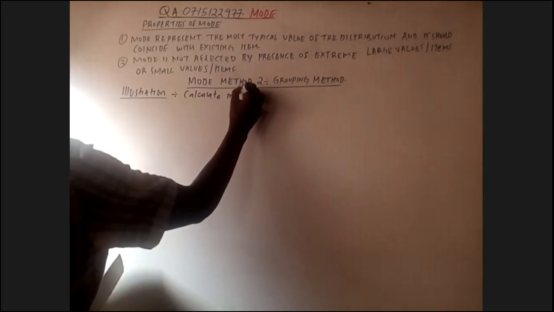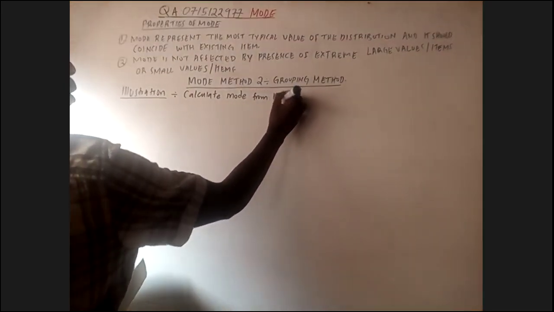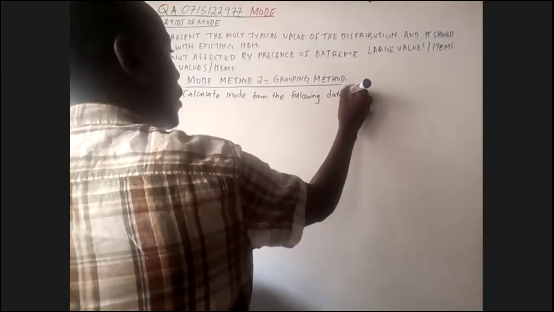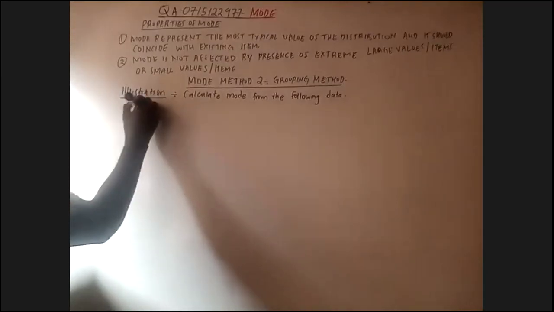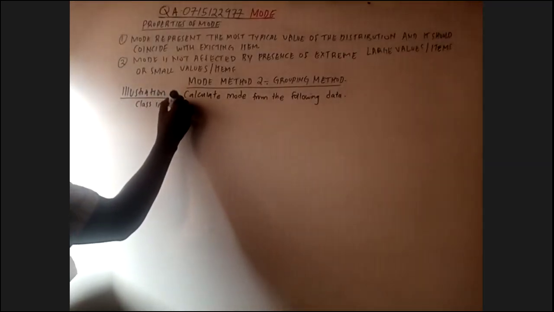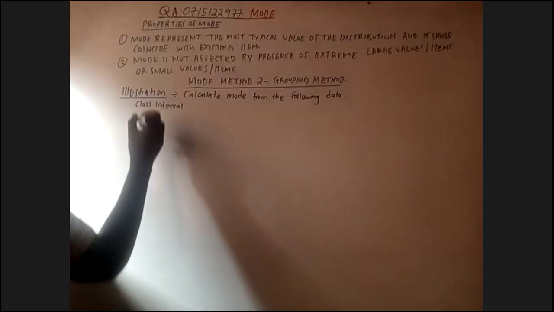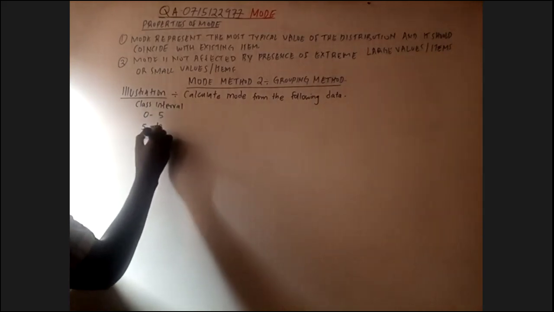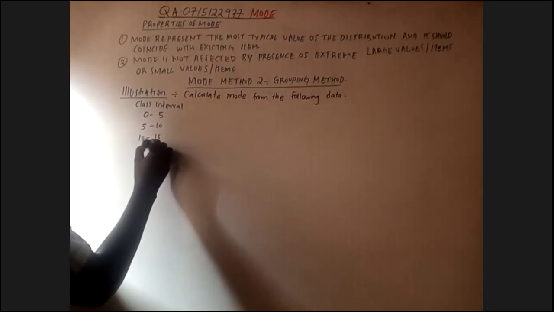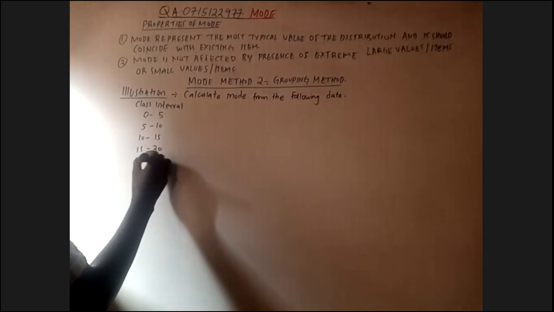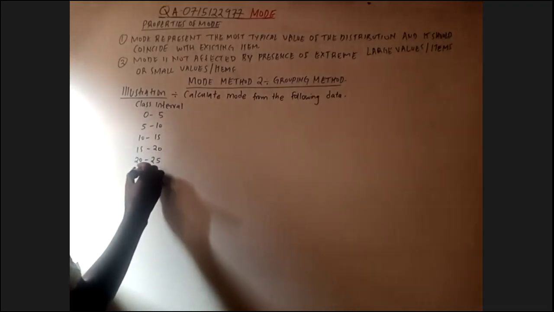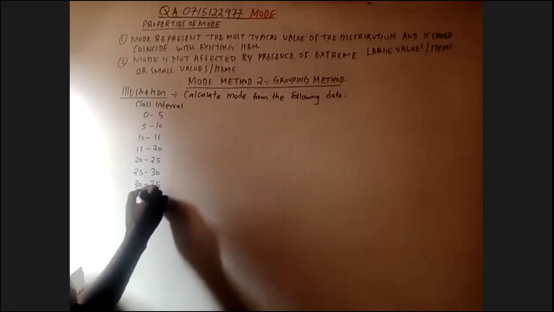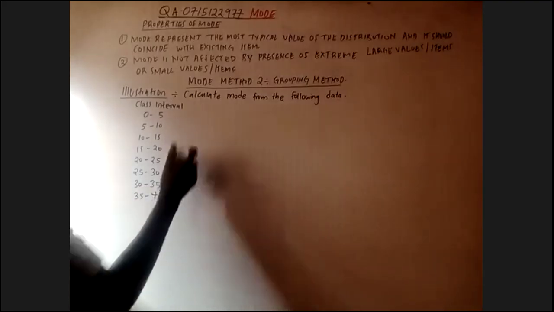Calculate mode from the following data. We have class interval between 0 to 5, 5 to 10, 10 to 15, 15 to 20, 20 to 25, 25 to 30, 30 to 35, 35 to 40.